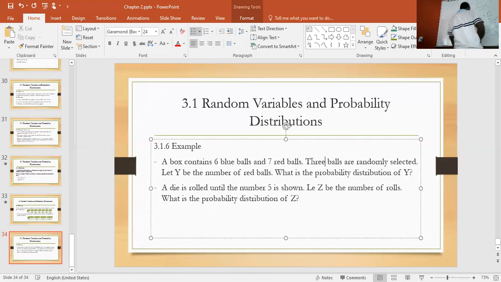You know what we have. I could even use red. So the probability that Y is equal to 1 is 6 factorial over 2 factorial times 4 factorial.